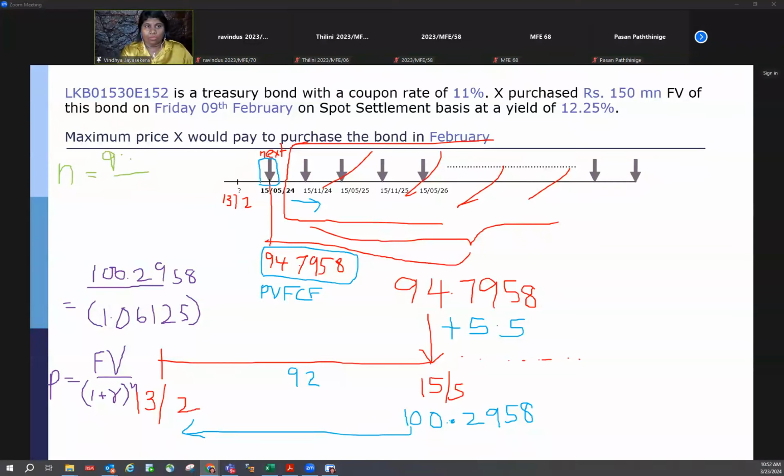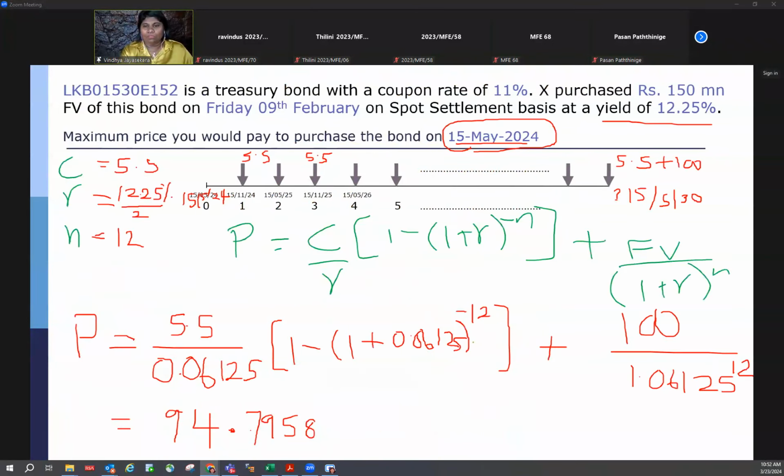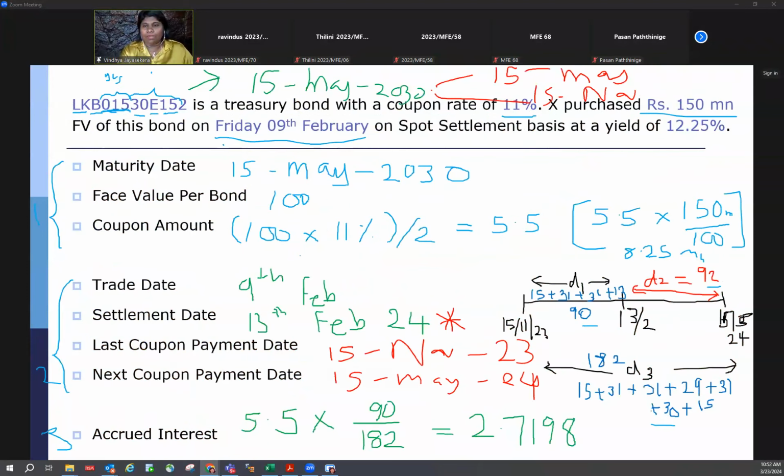Is it 180, or 182? Right, remember we saw this period had 182 days. Now we are discounting it over 92 days, right?